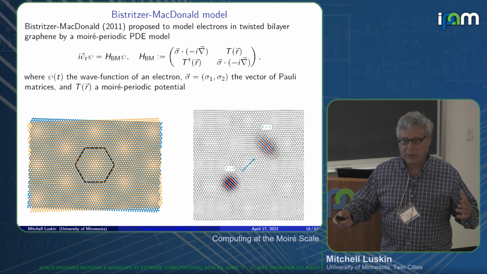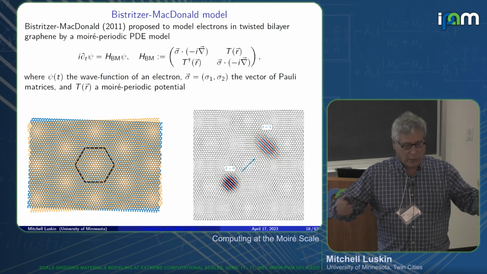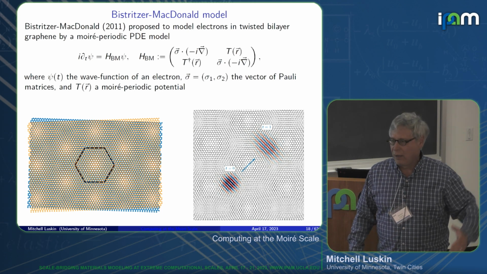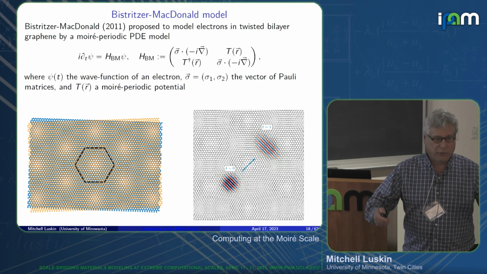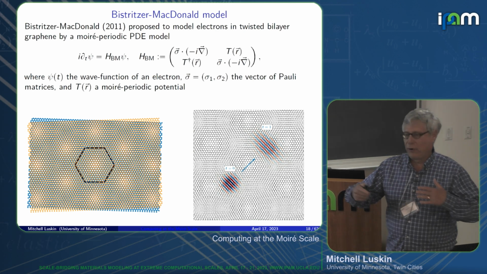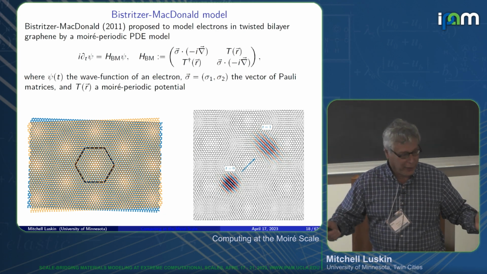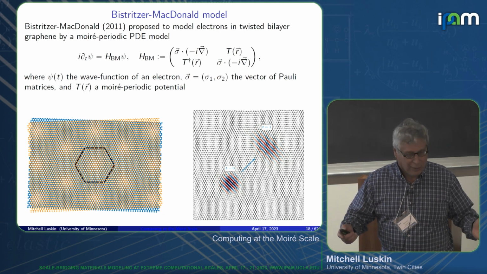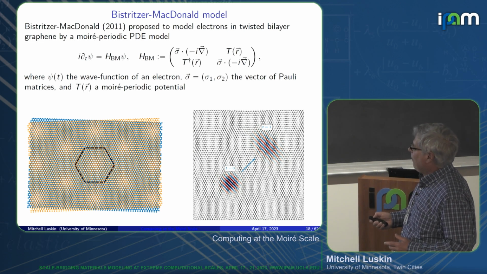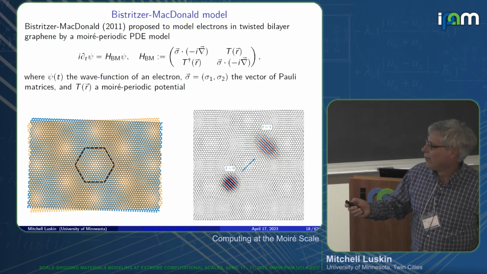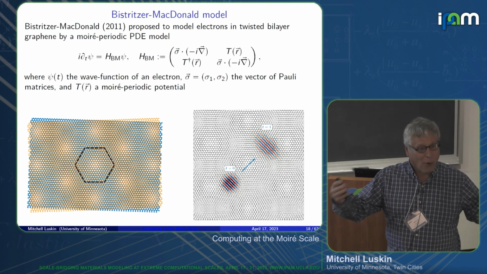So what this says is, if you're familiar with doing DFT or electronic structure on lattices, crystals, then you're used to your ionic potential being periodic on the unit cell. But here the Moiré potential is actually periodic on the Moiré scale.